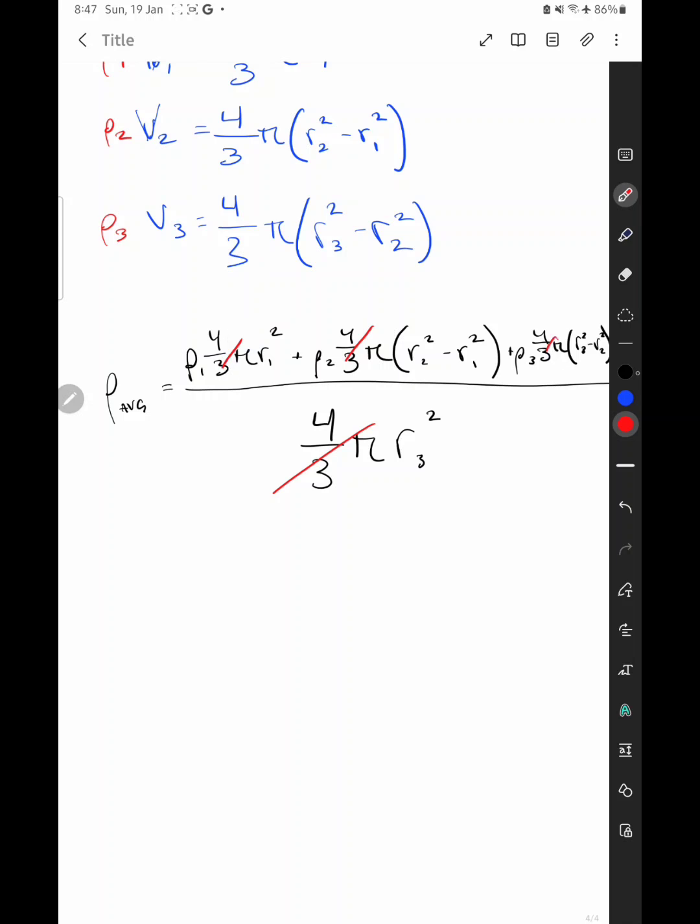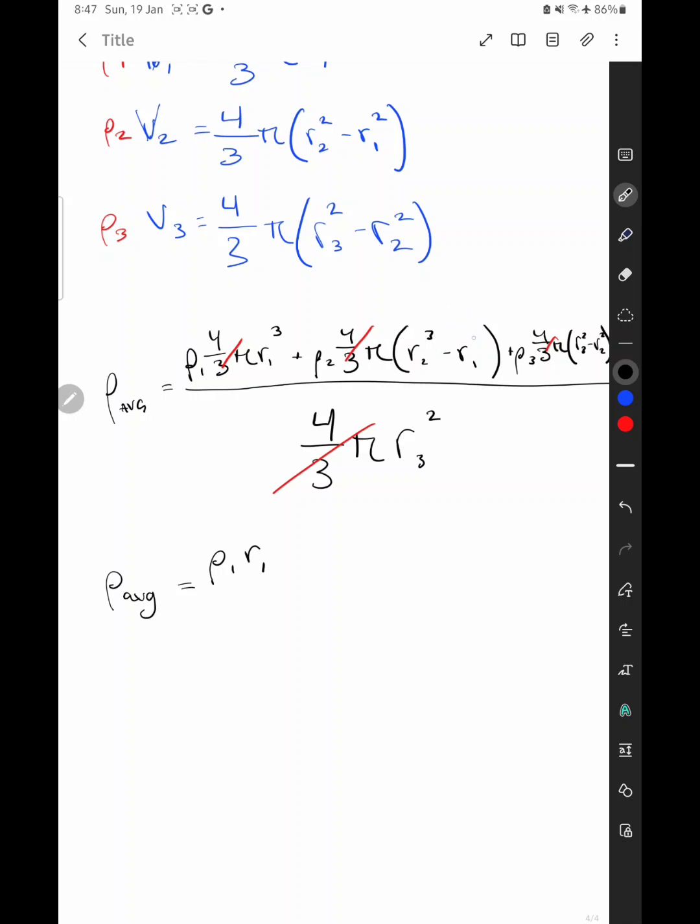So we are left with our rho average is given by rho 1 r1. Sorry, these all should be cubed. Now that's a big mistake.